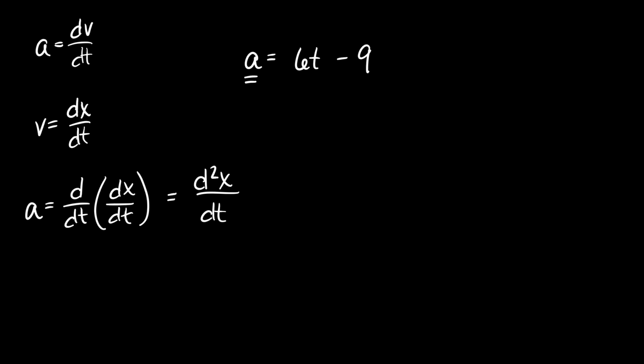Acceleration is considered the second derivative of position with respect to time. These are the differential forms of these variables. So, in the function I have right here, I can write this as a differential equation by replacing a with its differential form.